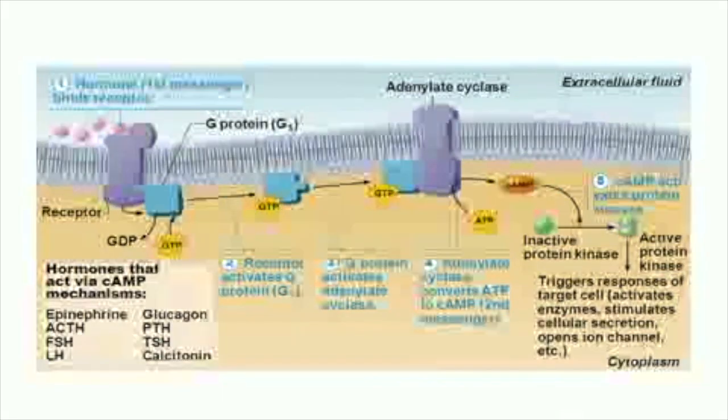Let's try to make it a little bigger so everybody can see it better, hopefully. All right, GTP. I don't know if you remember from A&P 1, but when we did DNA, we talked about the subunits of DNA. They were called nucleotides. They were formed from a 5-carbon sugar, a phosphate group, and a nitrogen base. And the 4 nitrogen bases were adenine, guanine, thymine, and cytosine.